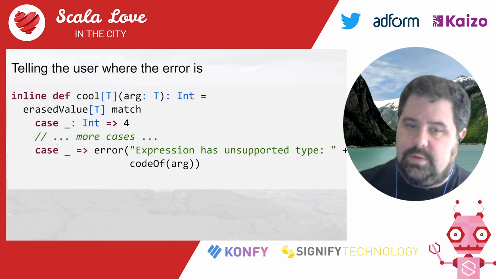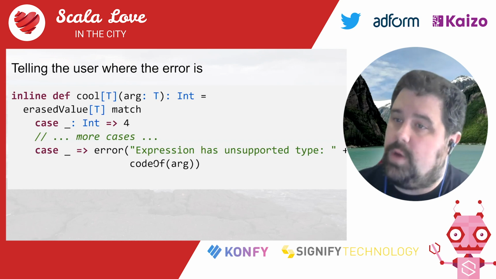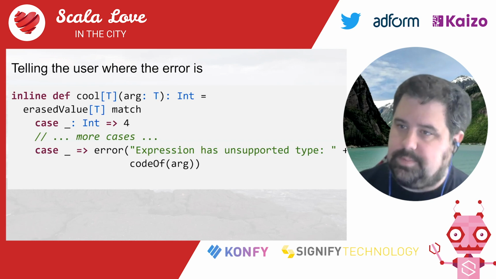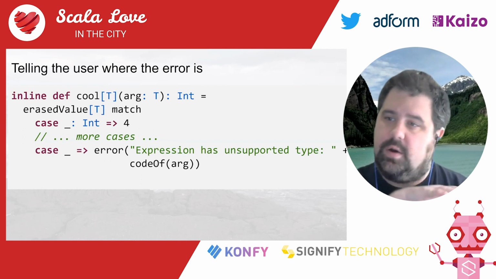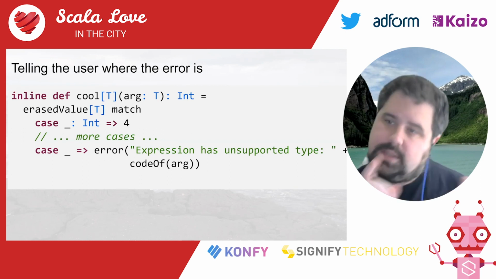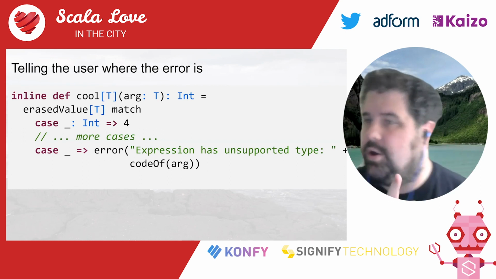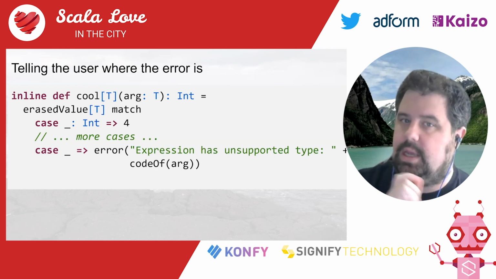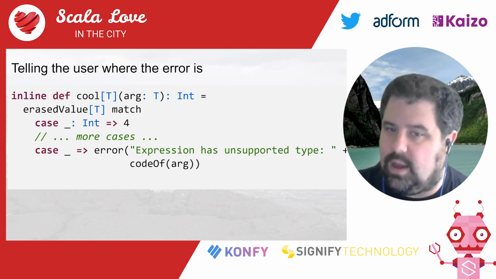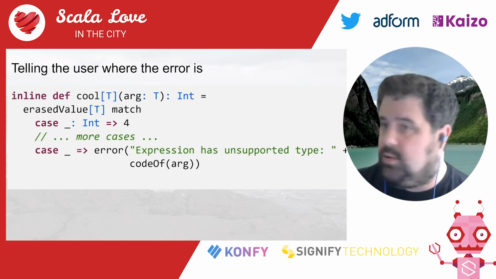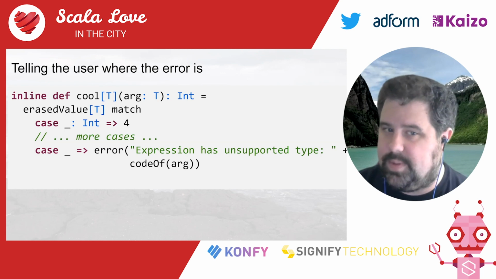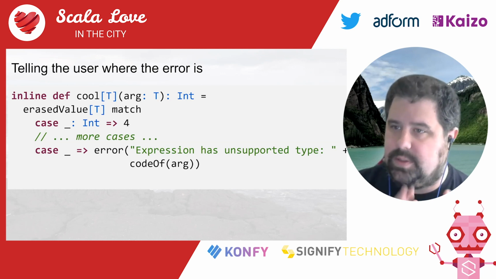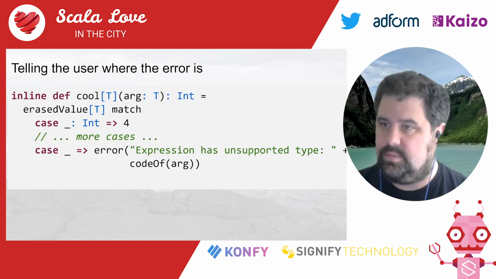I can actually use this compile time code of combinator to give myself the position and code where this is, and then this error is going to report against that argument so that the user is going to get an error message closer to where they inlined. Now, I have not shown you a single macro. I have not shown you any kind of syntax tree manipulation yet. This is all just built-in methods in the inline zone.